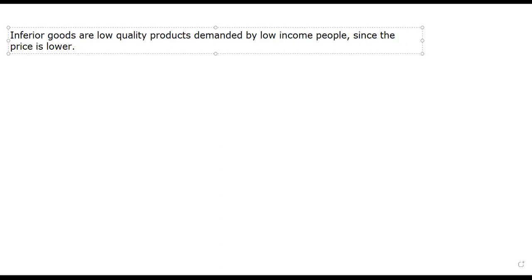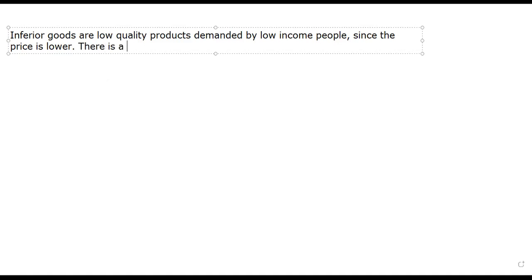Did you understand the meaning of inferior goods? So you can also continue here.